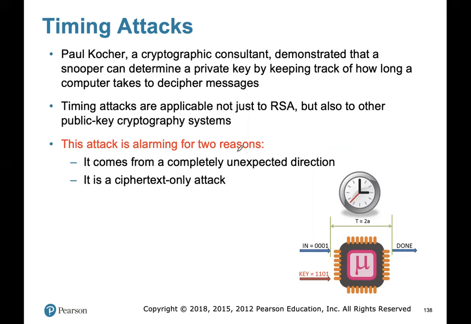It's about the timing, or the time that the algorithm requires to do some power computations. What he did, he just looks at the microprocessor and measures the amount of time that the processor needs to do that factorization operation.